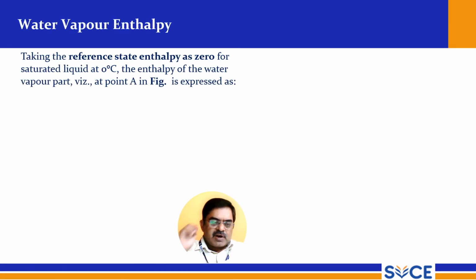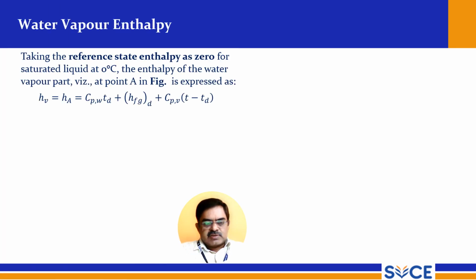So next one is water vapor enthalpy. So this is taking reference state enthalpy as 0 for saturated liquid at 0 degree Celsius. The enthalpy of water vapor, that is at point A in figure, is expressed as, I will show you that figure, HV equal to HA.